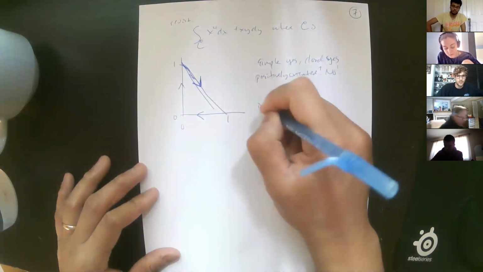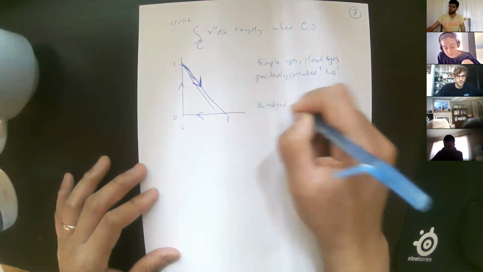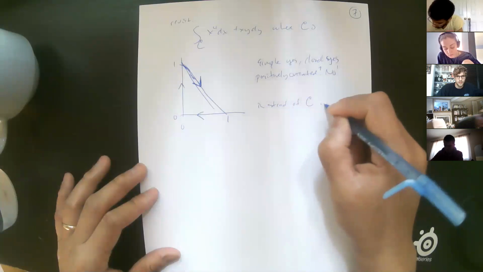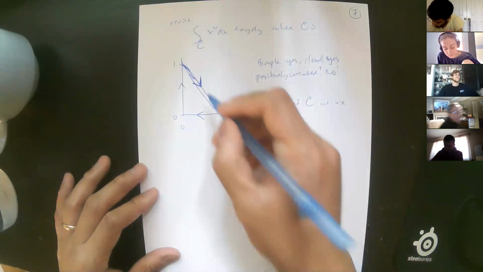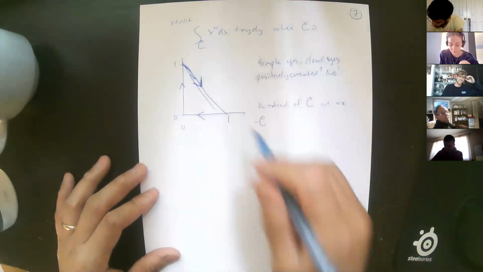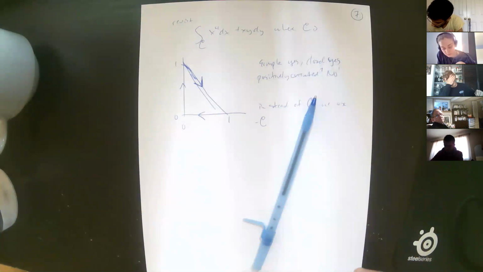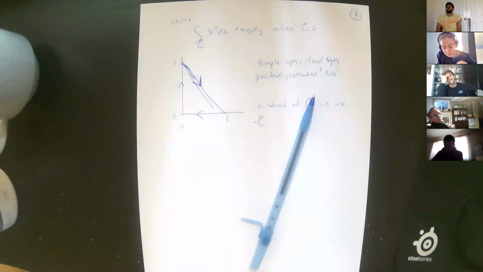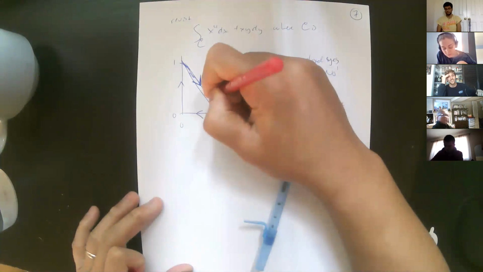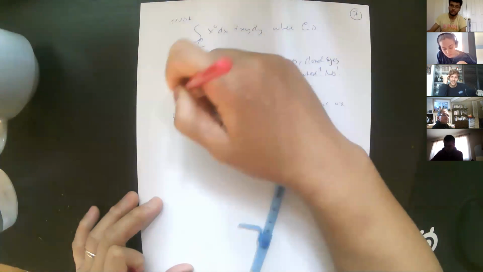So instead of C, we use minus C. If C goes this way, minus C goes this way, right?